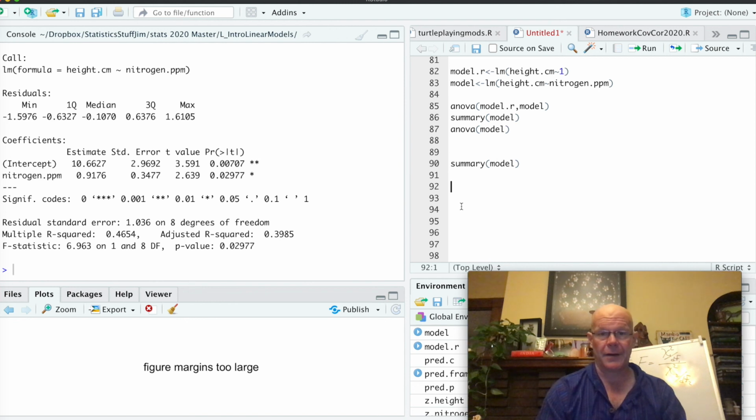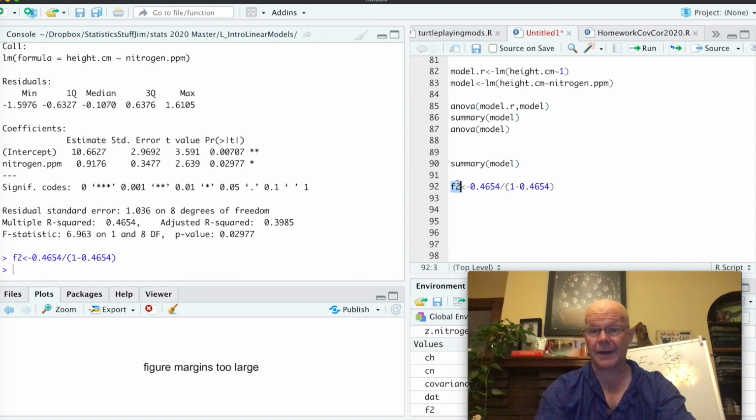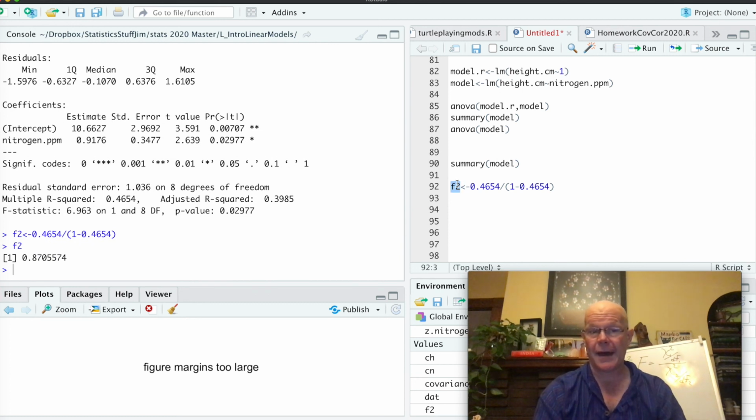So here, to calculate the effect size, which I will call F2 because that's the argument we're going to put into the function, it is simply our r squared, 0.4654, divided by 1 minus 0.4654. That is how we calculate the effect size for a simple linear regression, or really any linear model, but in this case we'll keep that language.